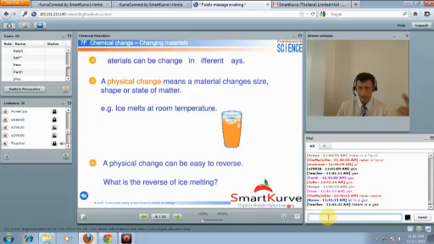Solid, liquid, gas. Now, how do we talk about the changes from one state to another? We have four words that we're going to use there. Let's look at the ice, for example. Let's say I have ice.